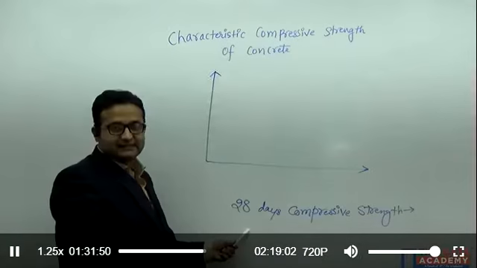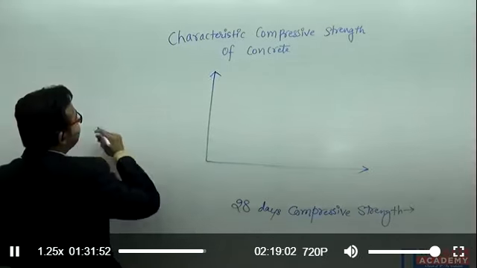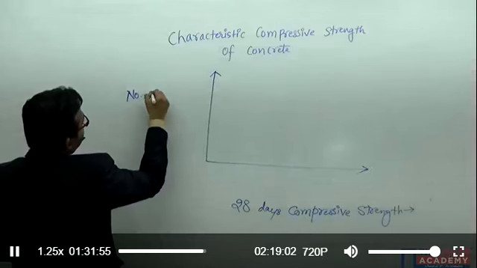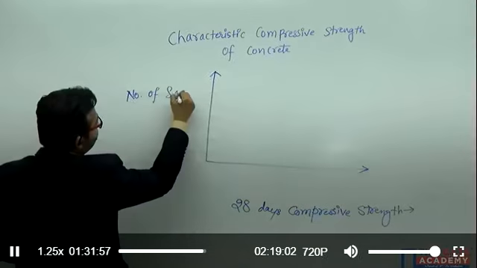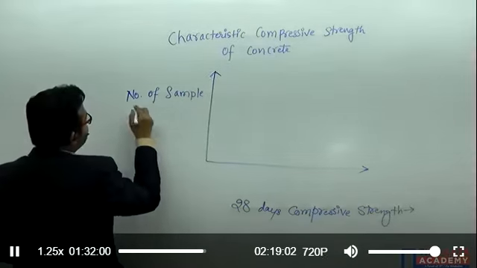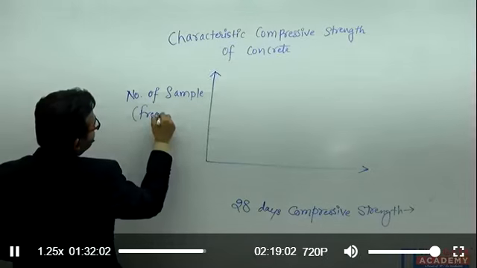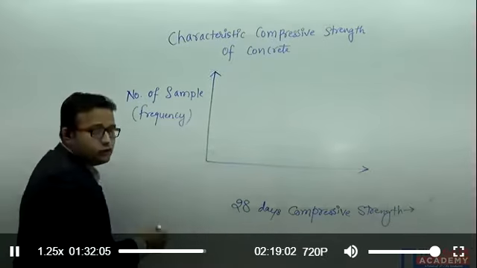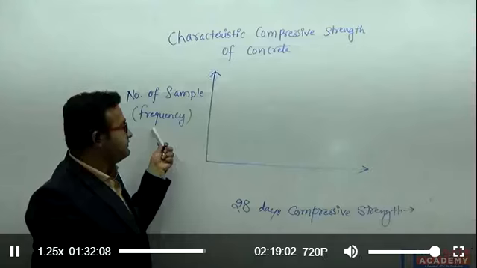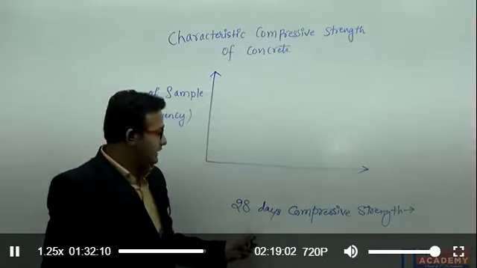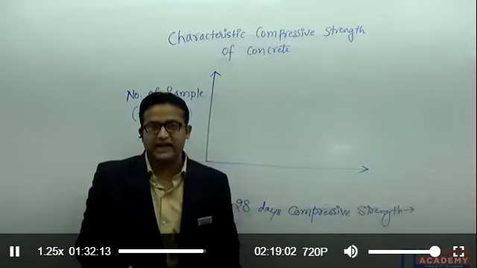And on the y-axis, I am taking the number of samples, the number of cubes. We can also write the frequency. Frequency is nothing but the total number of cubes you have prepared, which we write on the y-axis, and their corresponding compressive strength we take on the x-axis.